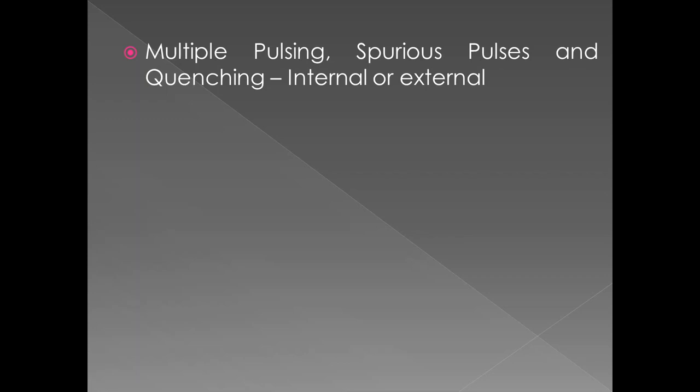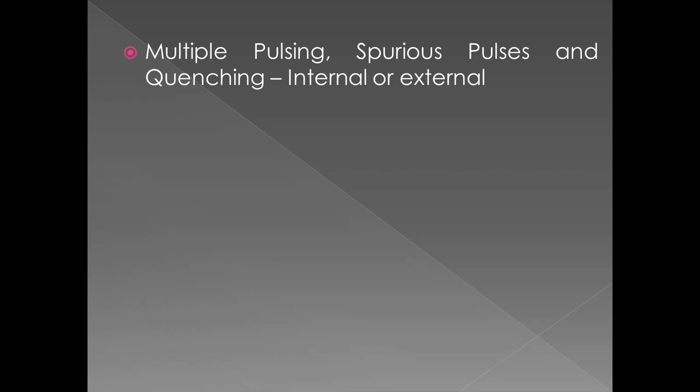How can they be avoided? By mixing a polyatomic or diatomic gas such as bromine or chlorine in the tube. That is what we call the quenching agent. Mixing this with the gas in the tube is internal quenching, or externally it can be done with the help of circuitry.